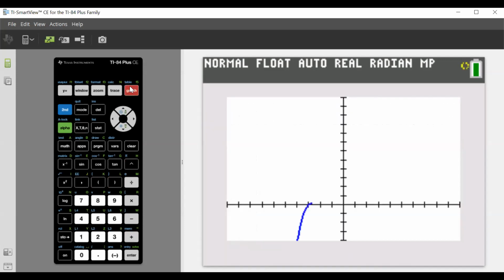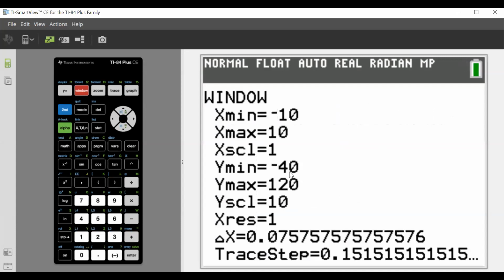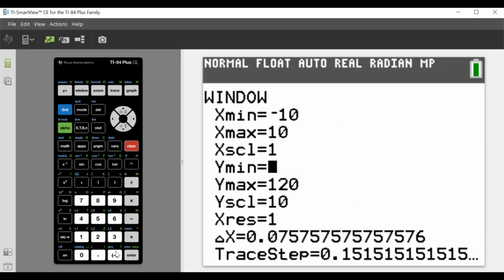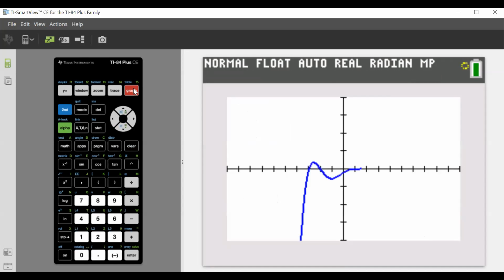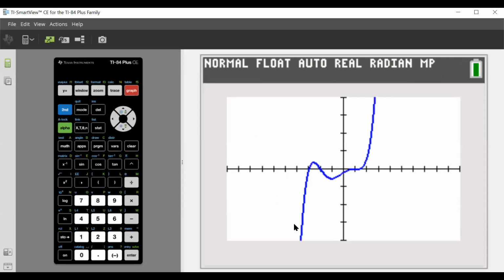And let's look at the graph of that. And let's maybe set the window, maybe minus 20, 25.